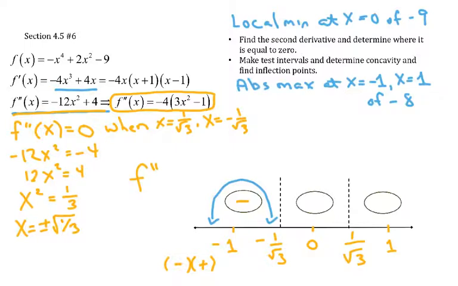If we plug 0 into the second derivative, I have this negative sign, and 0 would just be negative 1, so that's also negative. That gives me a positive, which means my original function is concave up in this interval, which agrees with what we have previously, but that's kind of hard to see at this step.